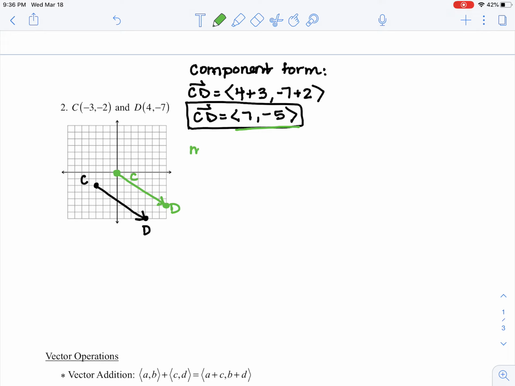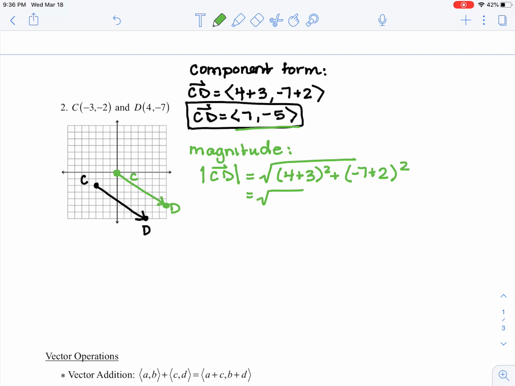Next, let's find the magnitude. Magnitude or length is found using the distance formula. So the magnitude of vector CD is the square root of, for the x coordinates, 4 plus 3 squared, and for the y coordinates, -7 plus 2 squared.